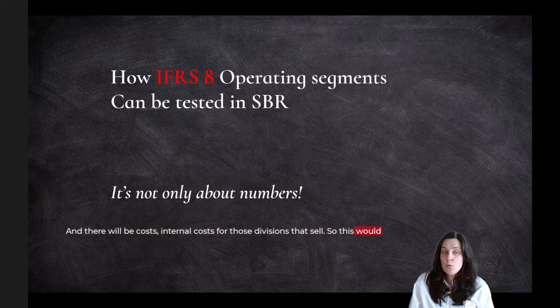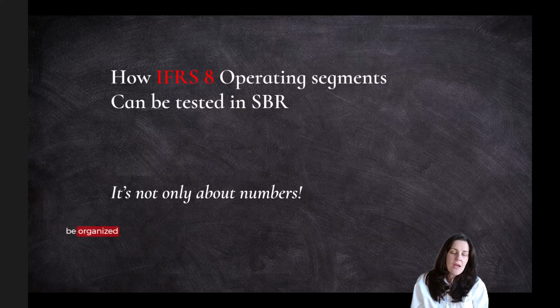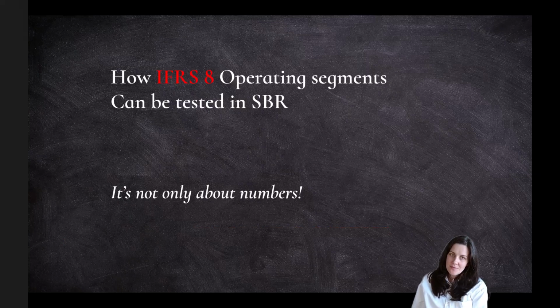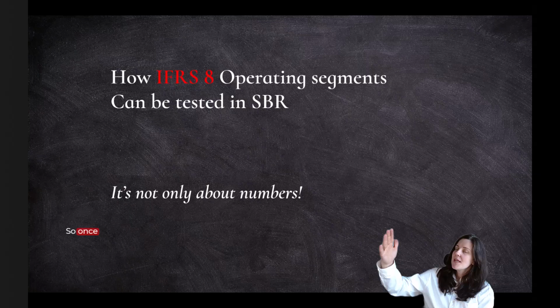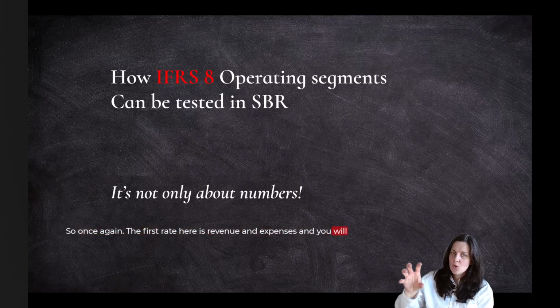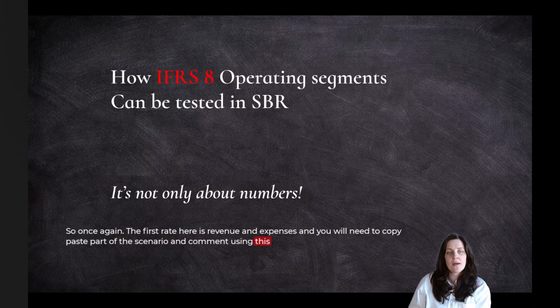So this would actually make the same business be organized as operating segments differently depending on the management accounting, which is the drawback and the benefit of this standard, frankly. So, once again, the first criterion is revenue and expenses, and you will need to copy-paste part of the scenario and comment using these words.